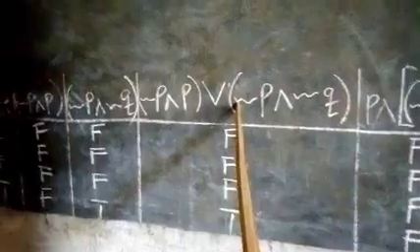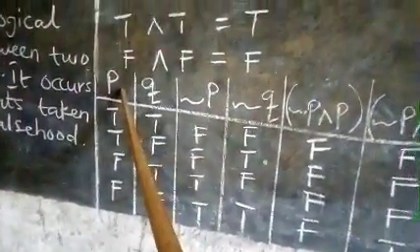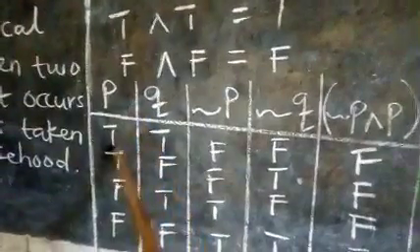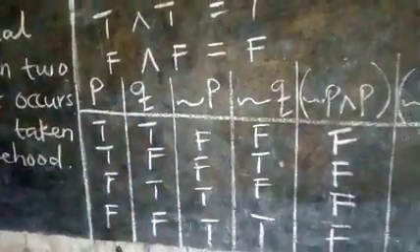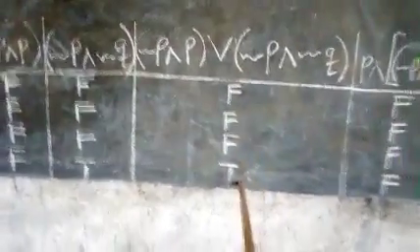We have to take it together with P, using the sign and. So we take P, which is TTFF, and this expression we have here, FFFT.